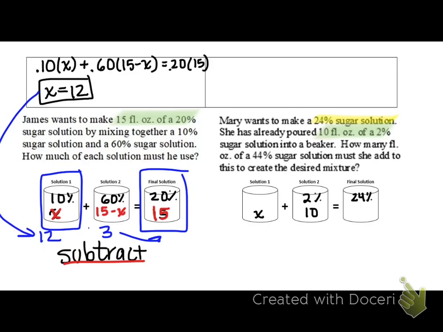How many fluid ounces of a 44%, so we need to put that last 44 in here, to get our desired mixture? Okay. So this is going back to looking at that box again. We just filled in our information. 44% solution, how much do we need of it? It's already telling us that she has a 2% solution at 10 fluid ounces to make our final solution. How much of the final one are we trying to make?